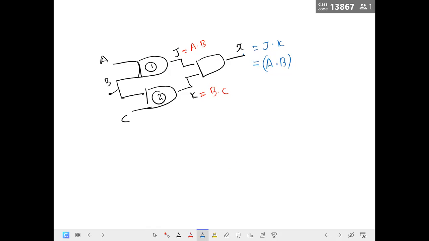Then next one, because this is an AND gate, again we have to put the AND mark, right? That's a dot. And what's the other input of this AND gate? That's K. K means B and C. B dot C.